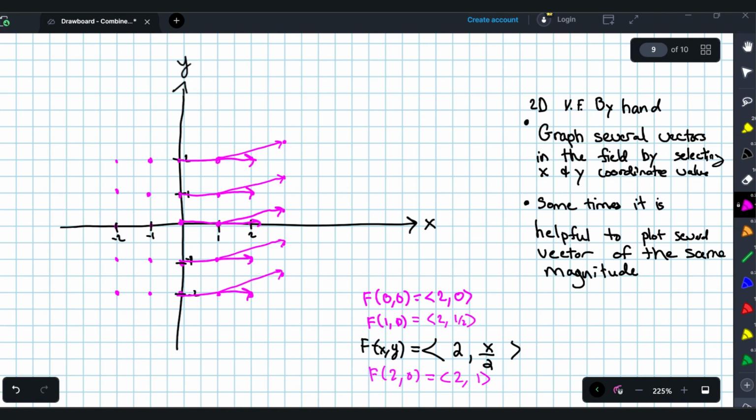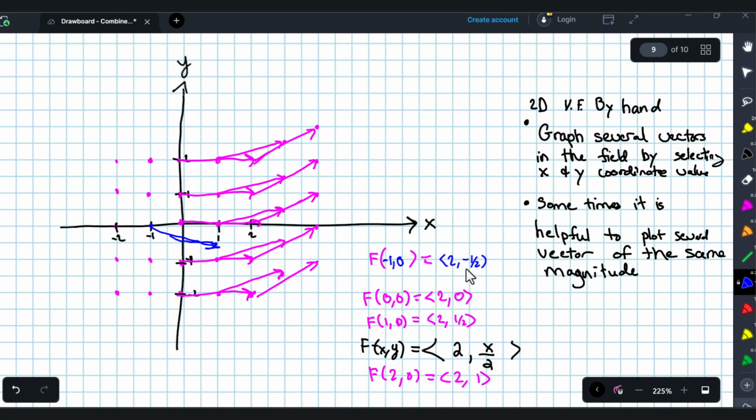If I plug in 2 for the x coordinate and 0 for the y coordinate, that gives me a vector that goes over to the right by 2 and up by 1. If I substitute the point negative 1, 0 into my vector-valued function, in this case I get a vector that has 2 to the right and negative 1/2 down.